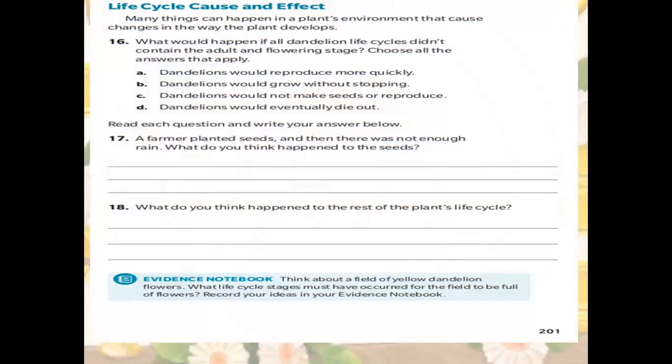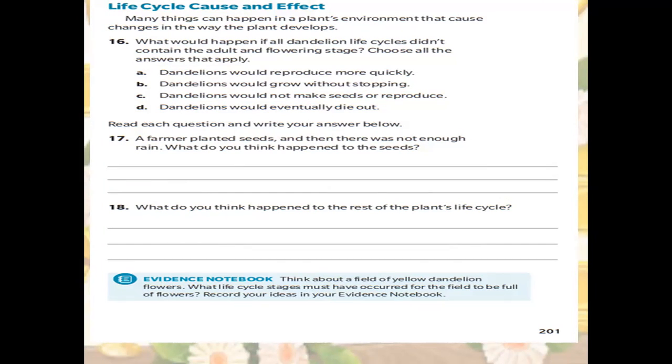On page 201, we have some interesting questions. Let's compete and answer them together. Many things can happen in a plant's environment that cause changes in the way the plant develops. What would happen if all dandelion life cycles didn't contain the adult and flowering stage?